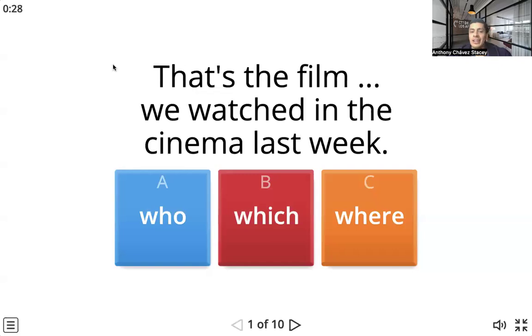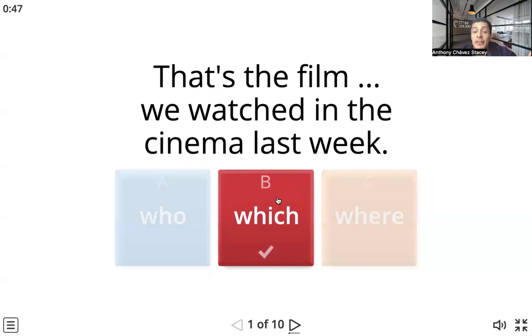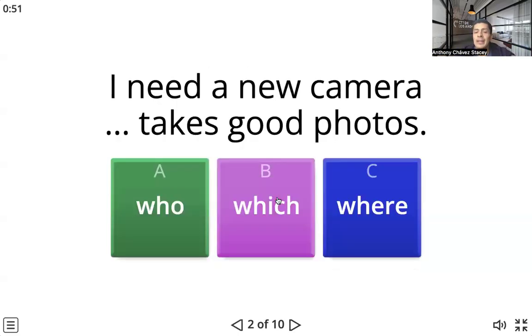Okay, guys, so let's start getting back. We have, that's the film we watched in the cinema last week. And I have who, which, and where. Which option do you think is the correct one? Option A, B, or C? What do you think? Letter B. Letter B, yes, it's a film. So actually it's not going to be a who, nor a where. The next one, I need a new camera.